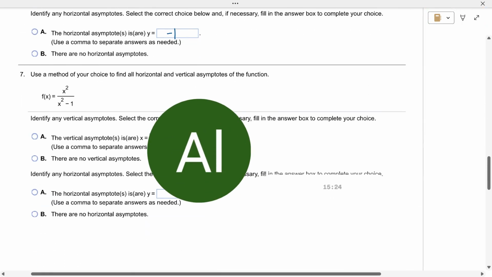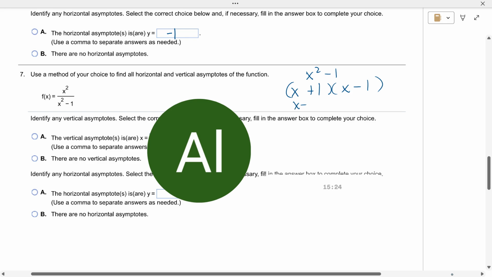Number 7. Vertical asymptote here. To find the vertical asymptote, we have to factor that by difference of squares. Okay? x and x, plus and minus. What are the factors of 1? 1 and negative 1.